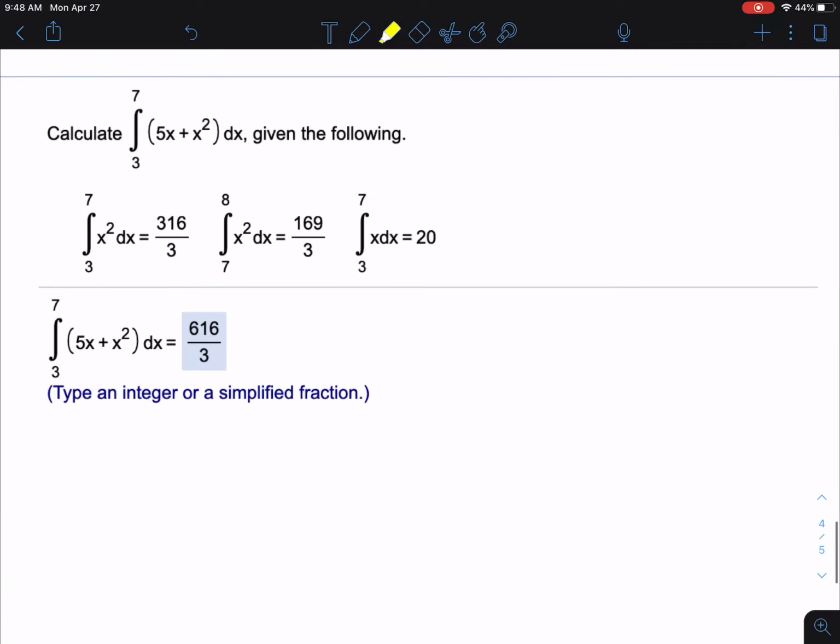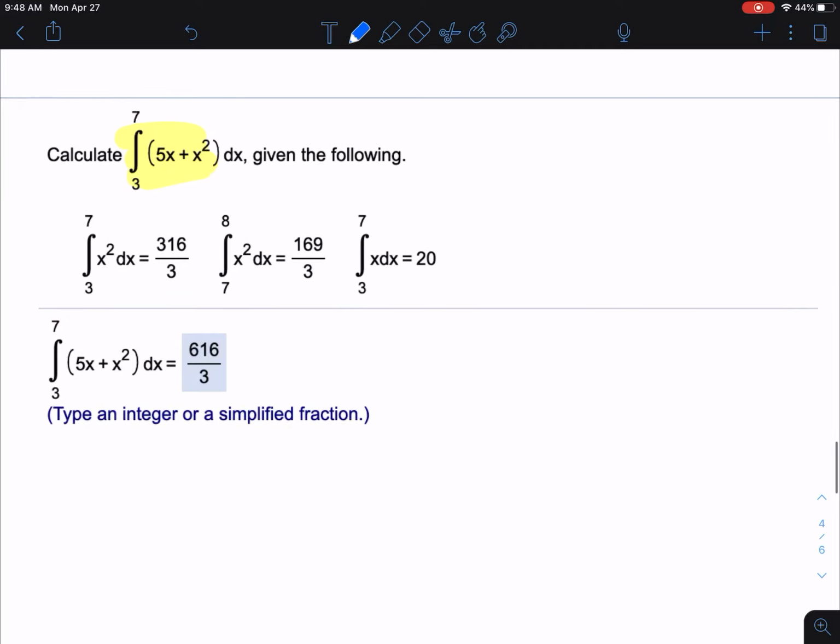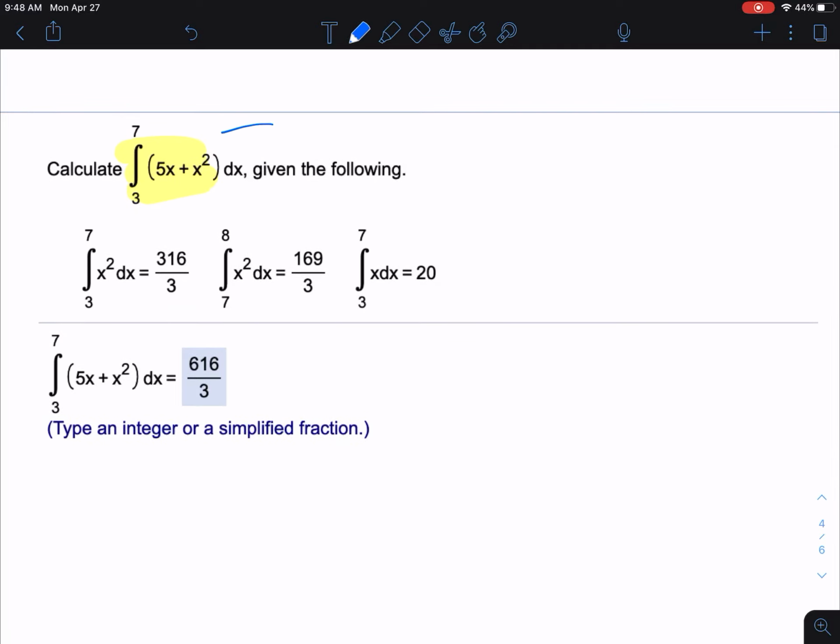So we want to calculate this. So this is what it's asking. That is asking for the area under the curve, or between the curve, from 3 to 7.